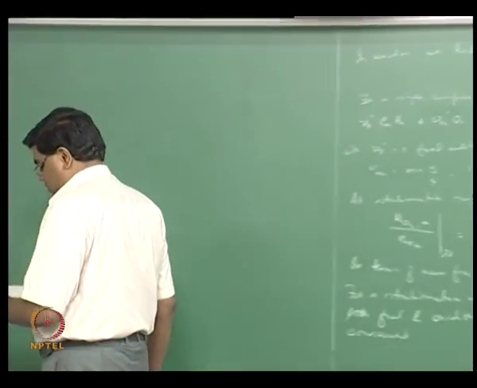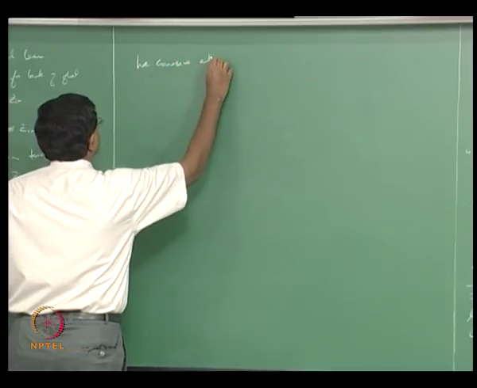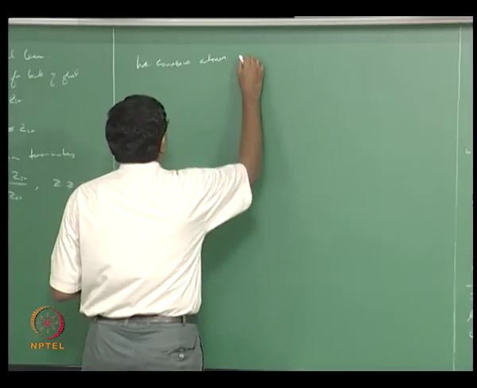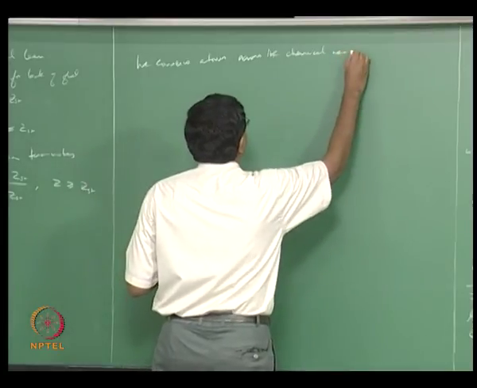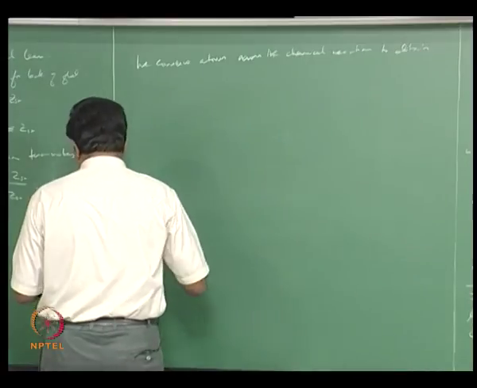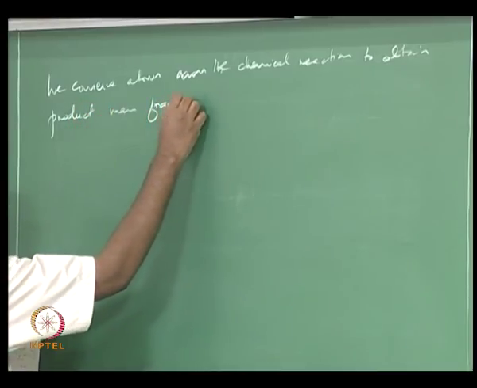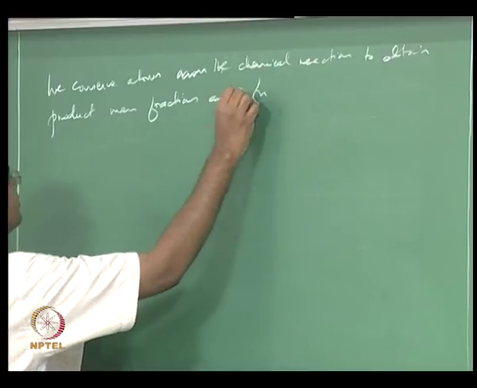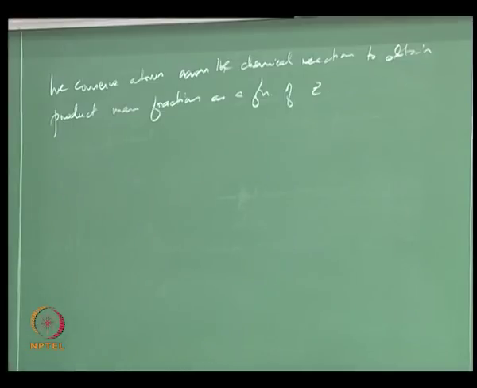So we conserve atoms across the chemical reaction to obtain product mass fractions as a function of Z. So still we are interested in what happens as a function of the mixture fraction Z, and that's a hero for the day, mixture fraction. So we keep on looking at everything as a function of Z.